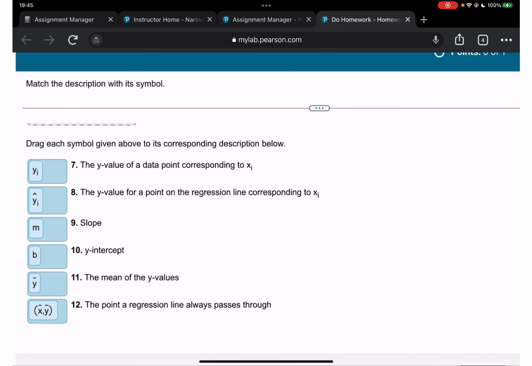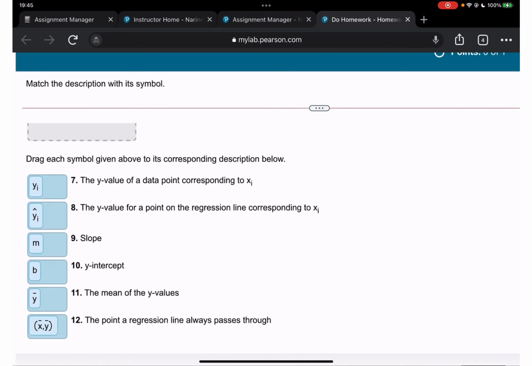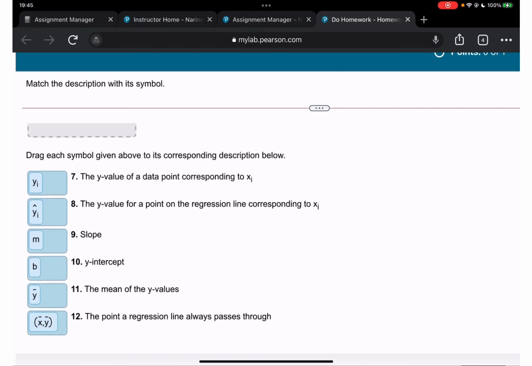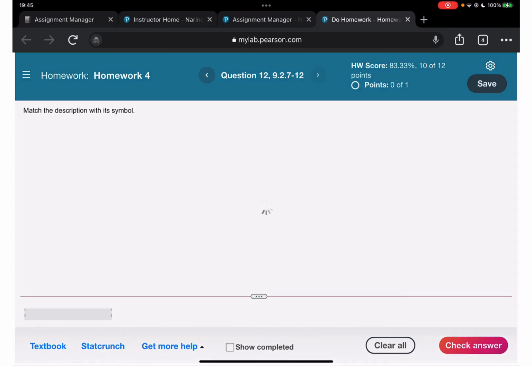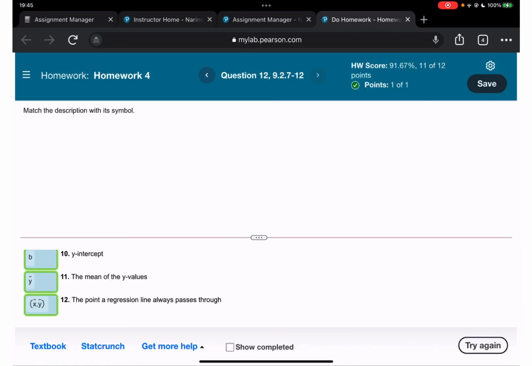Just like on a linear graph, you take any point, it's going to have x and y. But because it's asking for average, it's going to be x bar, y bar. Okay? Checking. Good job.